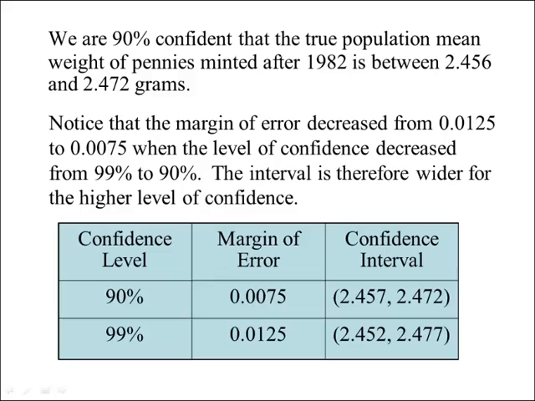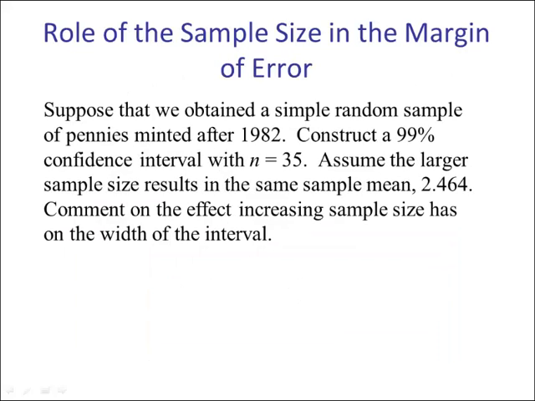Let's look at the role of sample size and margin of error. Suppose we obtain a simple random sample of pennies minted after 1982. Construct a 99% confidence interval with n equal to 35. Assume that the larger sample size results in the same sample mean, 2.464.